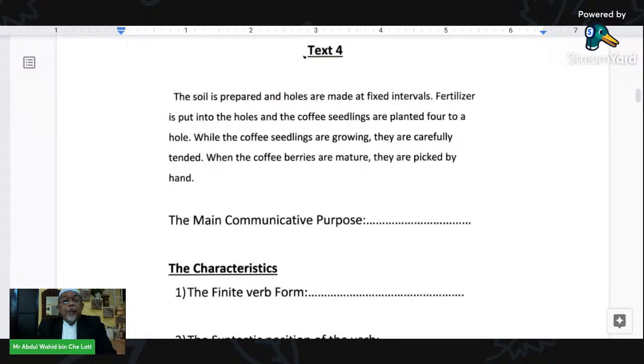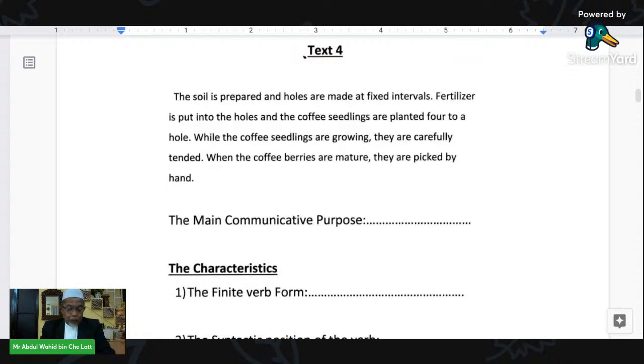The soil is prepared and holes are made at fixed intervals. Fertilizer is put into the hole and the coffee seedlings are planted 4 to a hole. While the coffee seedlings are growing, they are carefully tended. When the coffee berries are mature, they are picked by hand.